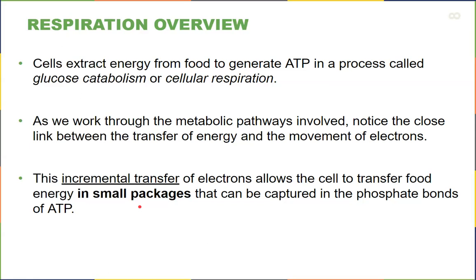We would release excess energy. And number two, that excess energy would come out as heat, and that would make your cells too hot, and it would probably cook them and they would die. So it's better to have all of these different steps to take all of the energy into chemical form energy and not heat energy.